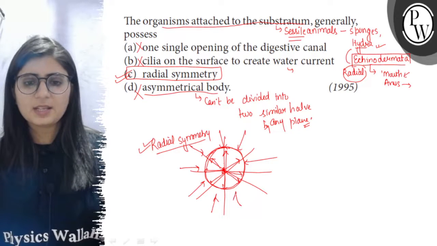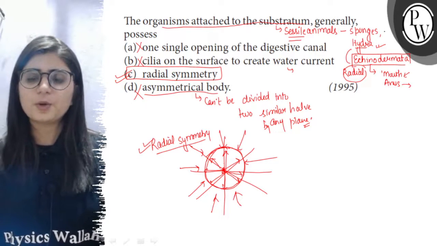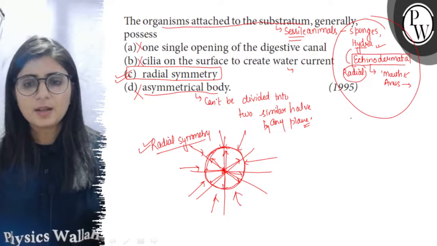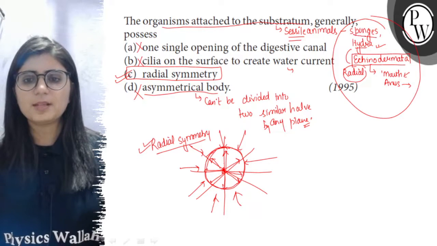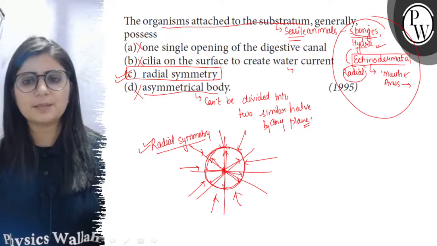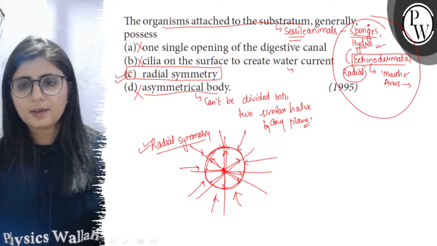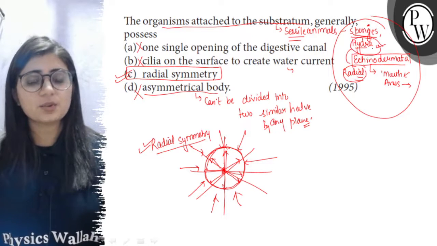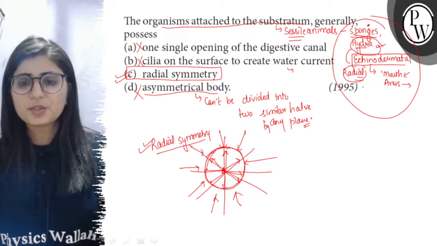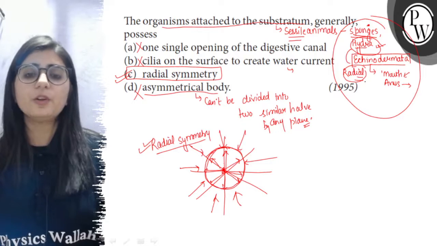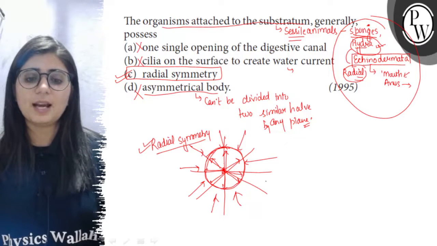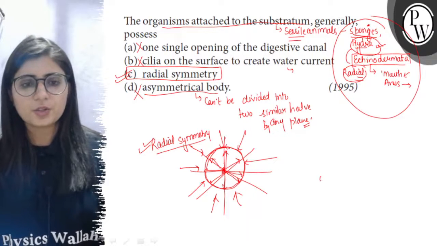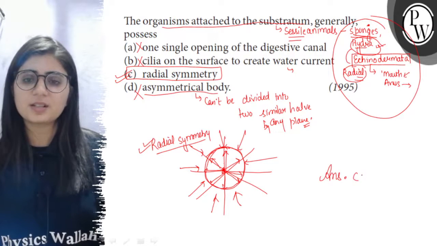So as you see in case of echinoderms, sponges, hydra, they all are having radial symmetry. In sponges they may be asymmetrical but not all, while echinoderms and hydra are having radial symmetry. Such type of symmetry is useful for the organism, because it helps the organism to detect the danger from all directions. So the right answer of this question is answer C.